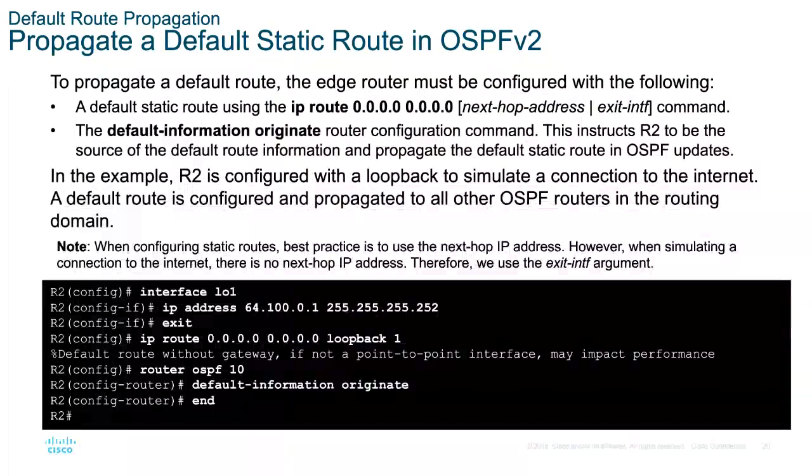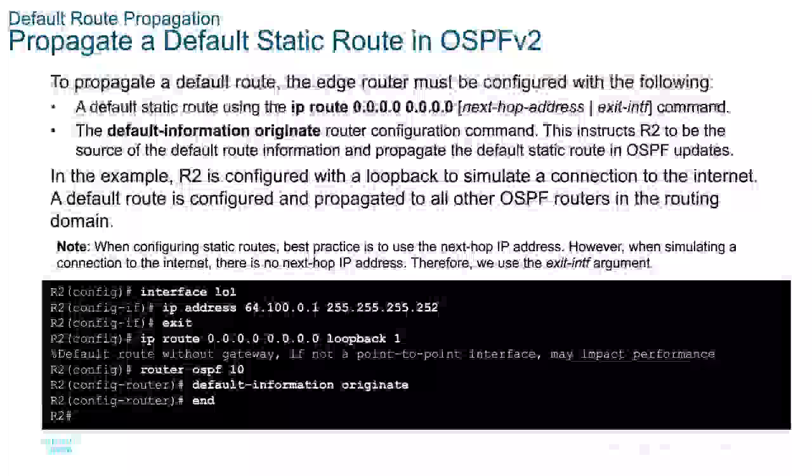And when we go into the routing process and say default-information originate, that will inject that default route into the updates, and everybody will learn to send information to this default gateway via the routing updates.